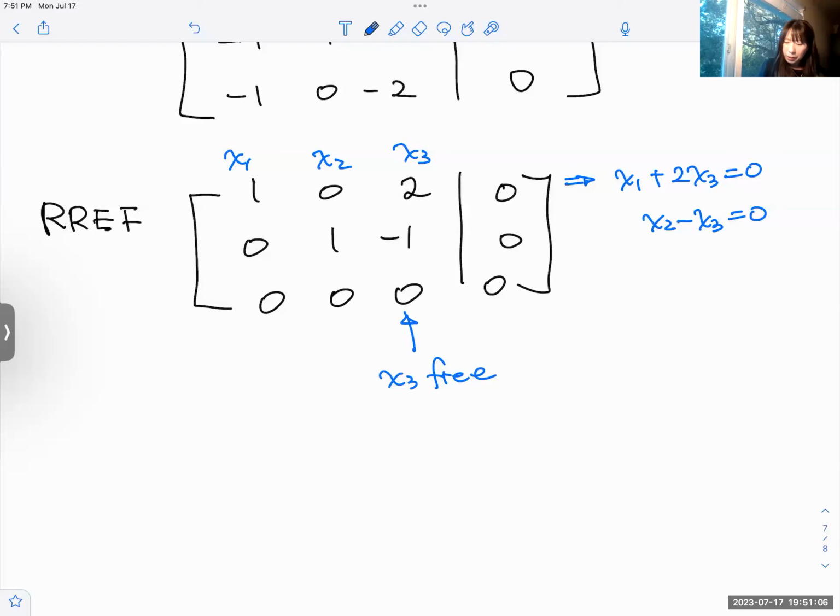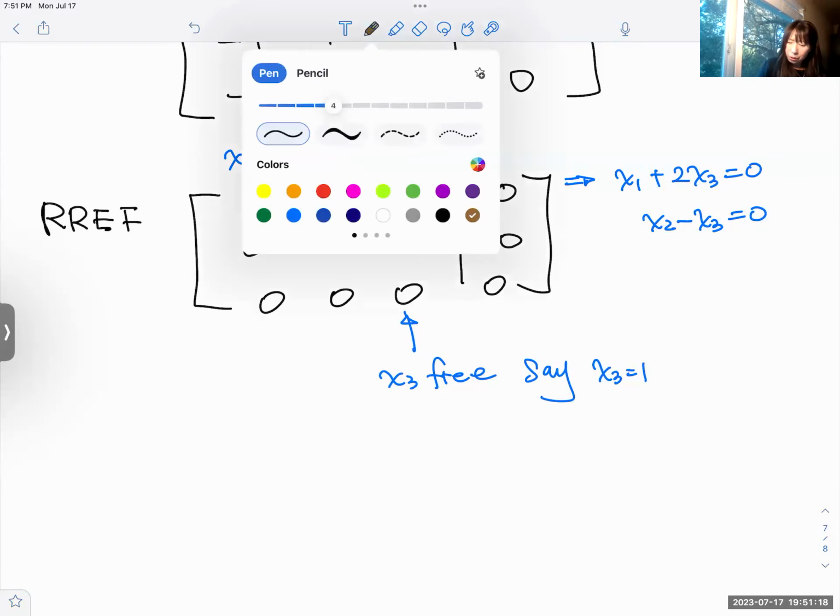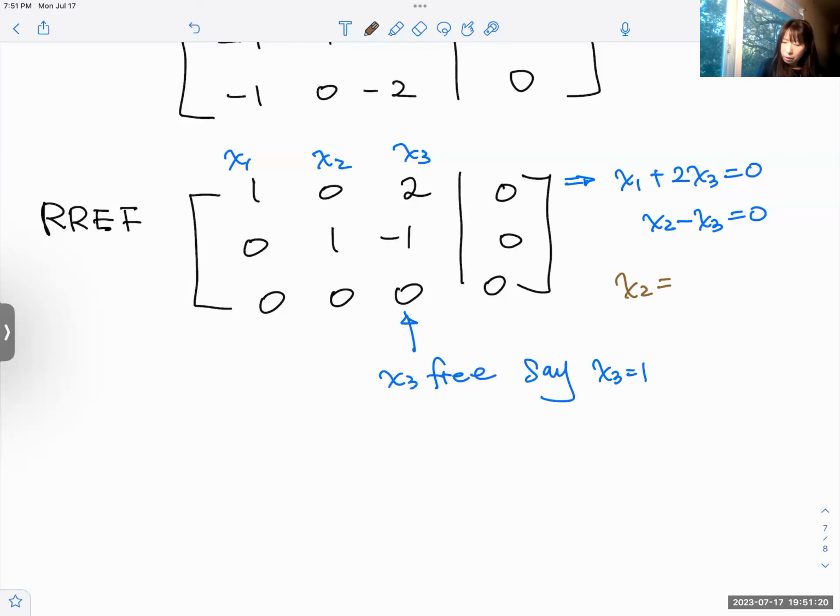So x of 3 is free, so we can say x of 3 equal to 1. Then x of 2 equal to 1. X of 1 equal to negative 2.